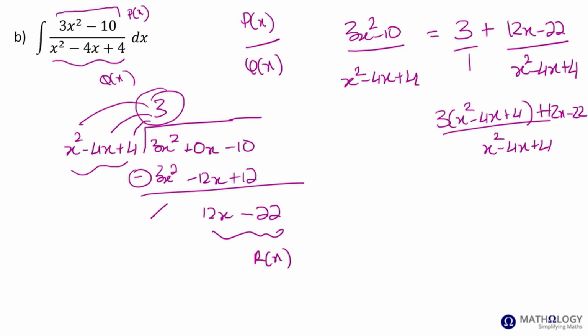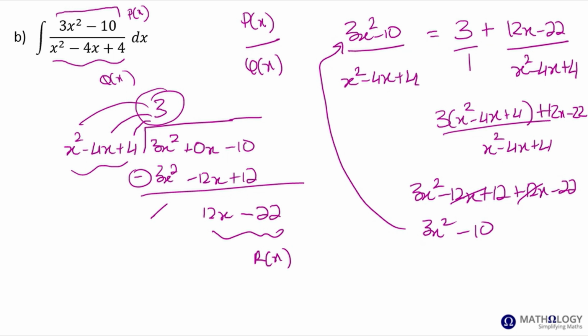So just multiplying out the numerator, we'll have 3x squared minus 12x plus 12 plus 12x minus 22, and it'll give us 3x squared, that'll cancel, minus 10, which is exactly what we have over there, right?